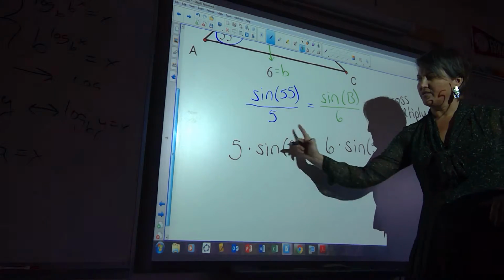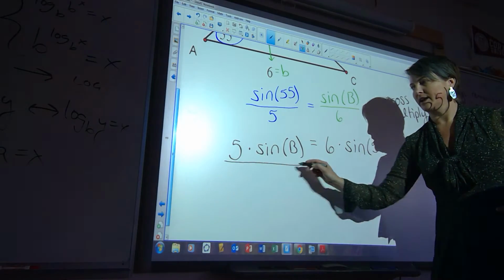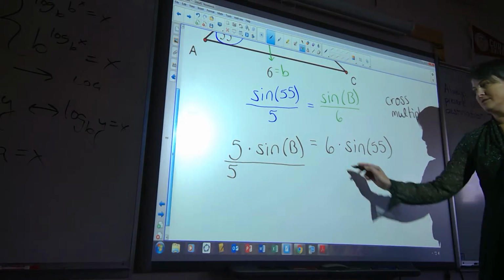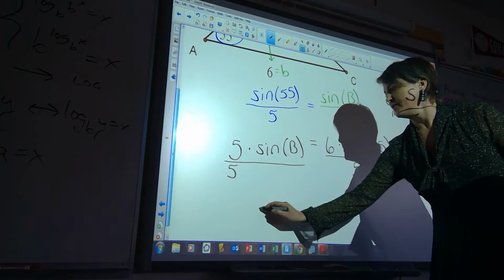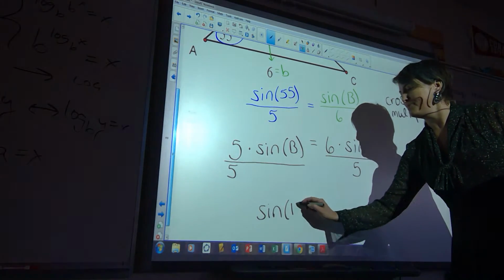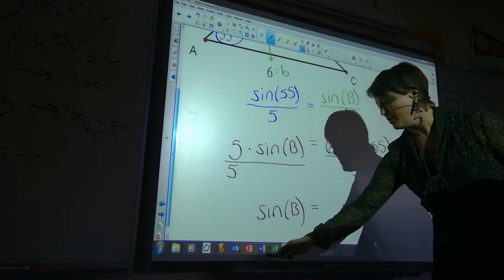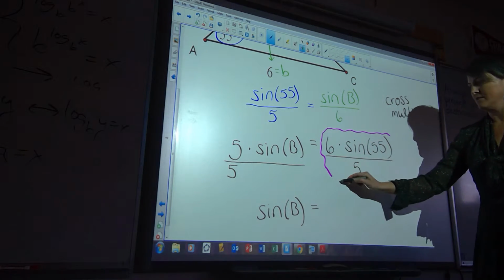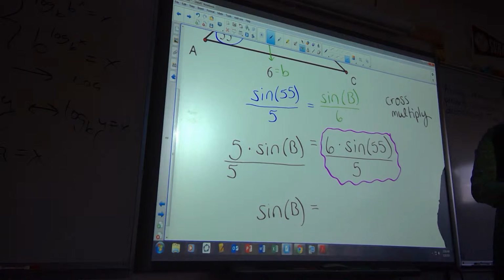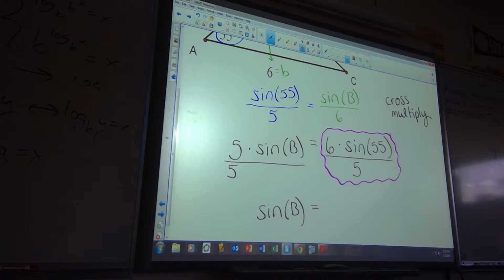And then I need sine of b by itself, so let's go ahead and just divide by the 5. Then sine of b will equal what I get from this. And you're going to get the closest answer if you try to do all of this in your calculator in one step.